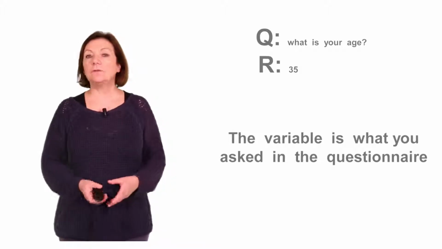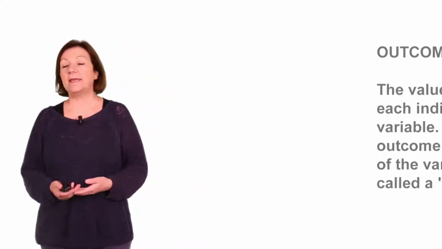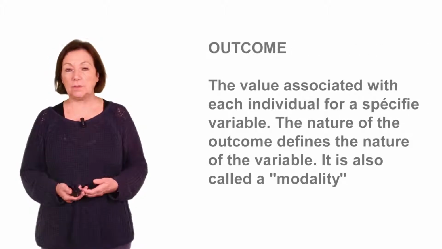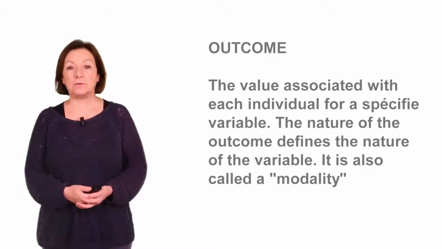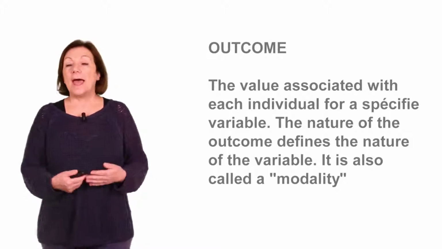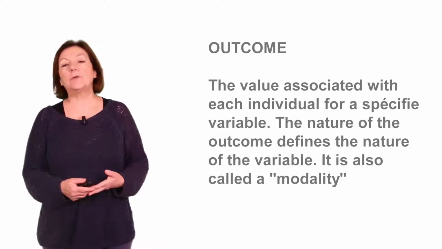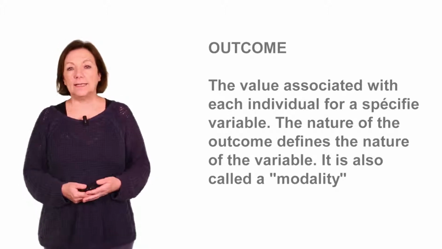They correspond to a characteristic of the people that you're going to sample, to interview. The outcome then is the value that is associated with each individual for a specific variable. And it is also called a modality. I will use this word as well in the future.